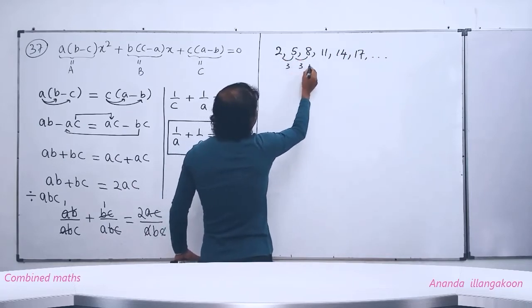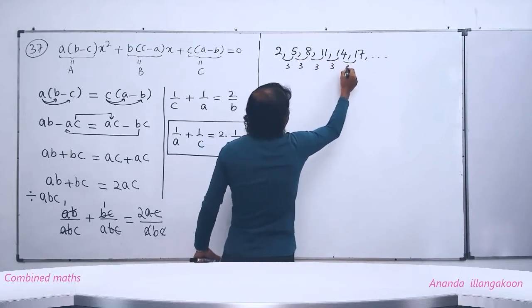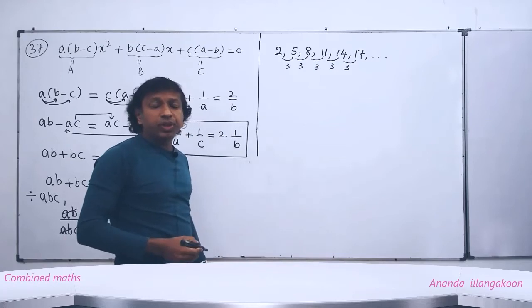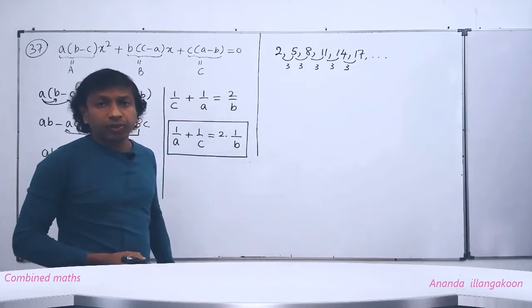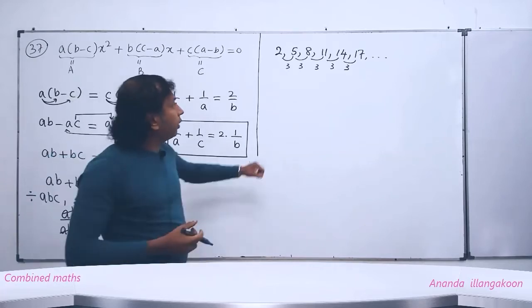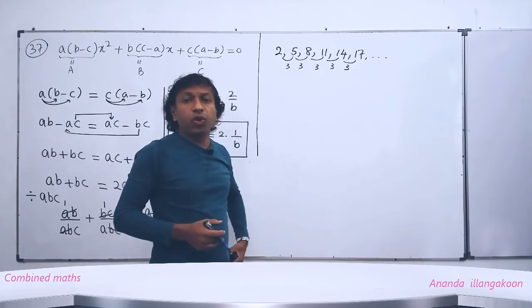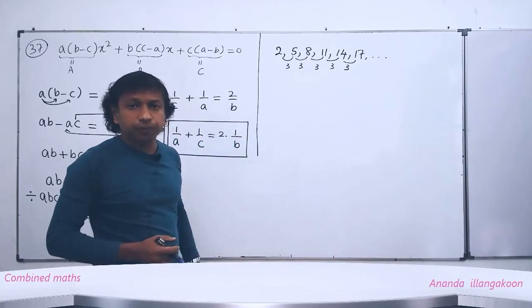Here, 3. Here, 3. This kind of number arrangement is called an arithmetic progression. That same gap is called the common difference of the arithmetic progression.